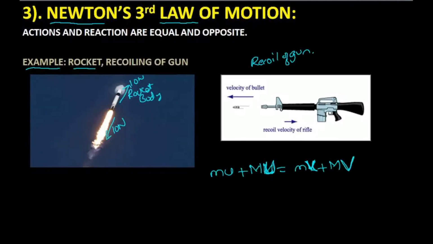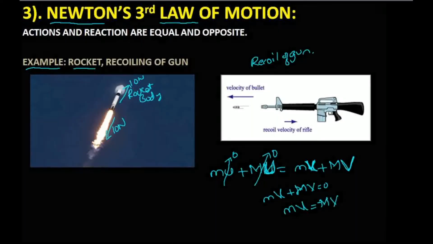The initial velocity for the gun and the bullet is 0, so this term becomes 0, and this term becomes 0. Here mv plus MV is equal to 0, so mv is equal to minus MV.